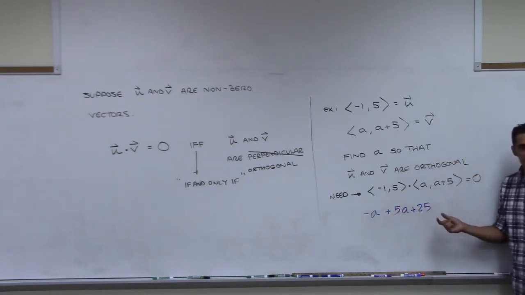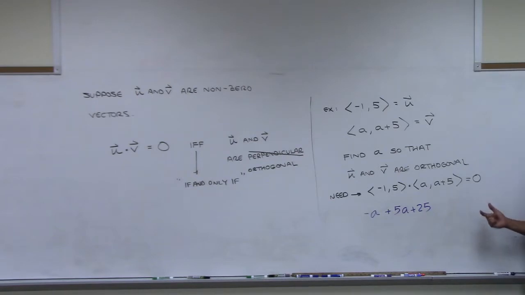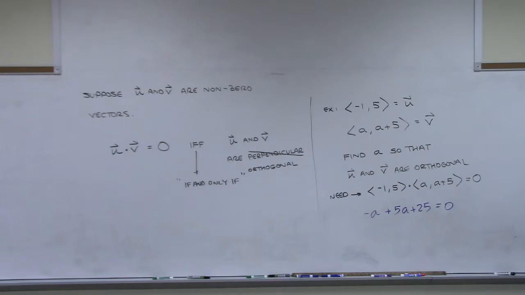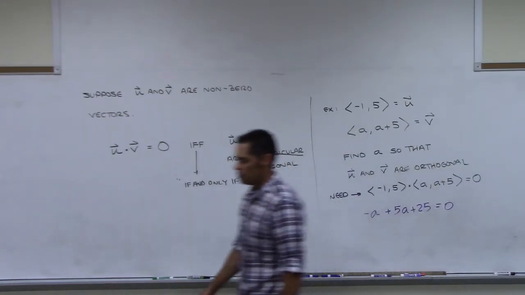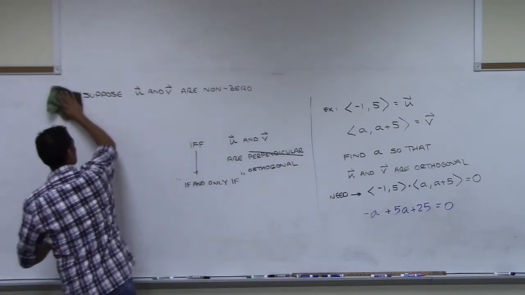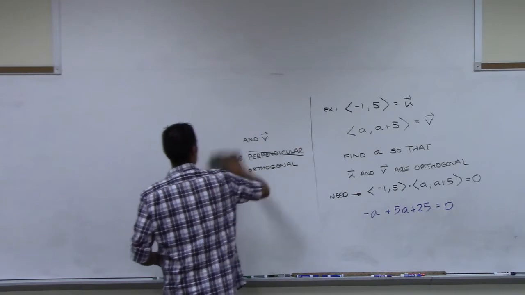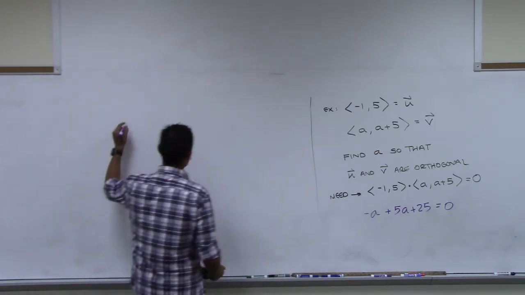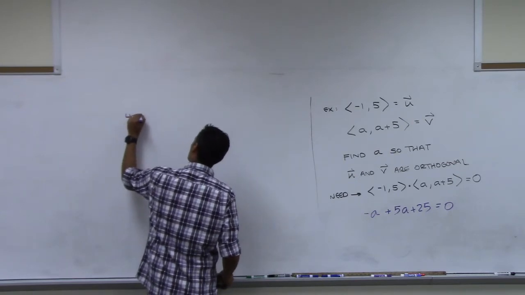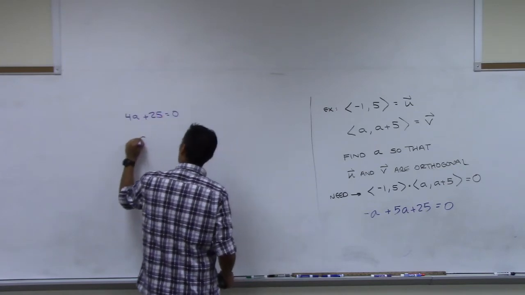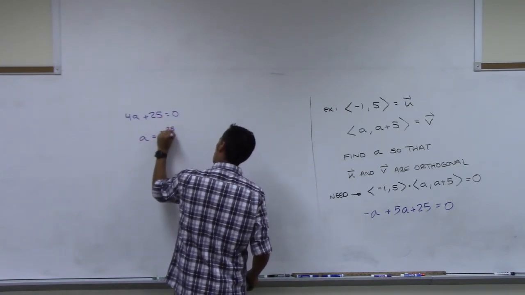I'm just doing regular multiplication there. Must equal 0. Now you have a linear equation in A. Solve it for A. 4a plus 25 is 0. So A is -25/4.